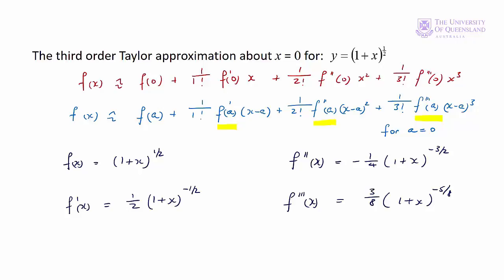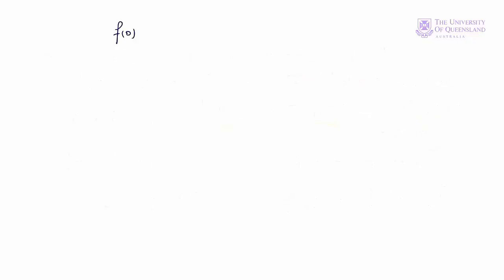Next, we want to evaluate the function and the derivatives for a equals 0. f(0) is equal to (1 plus 0) to the half. That's equal to 1. f'(0) is equal to 1/2 (1 plus 0) to the minus 1/2.